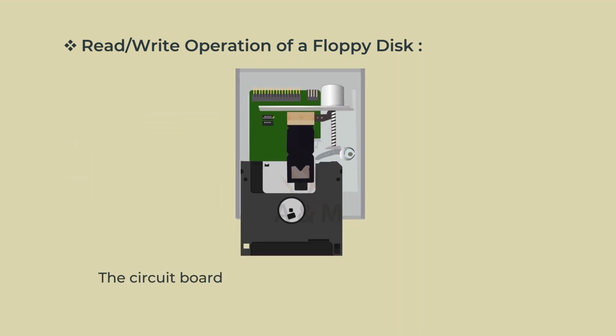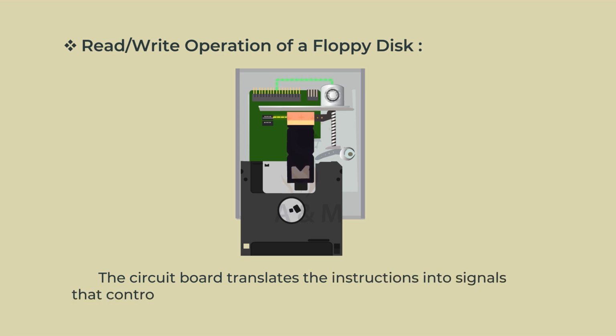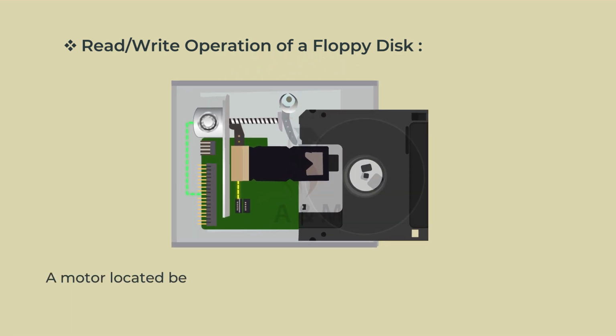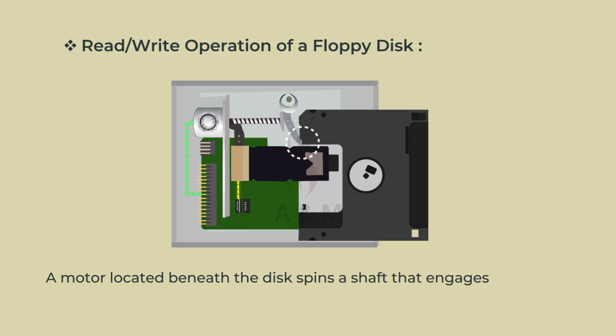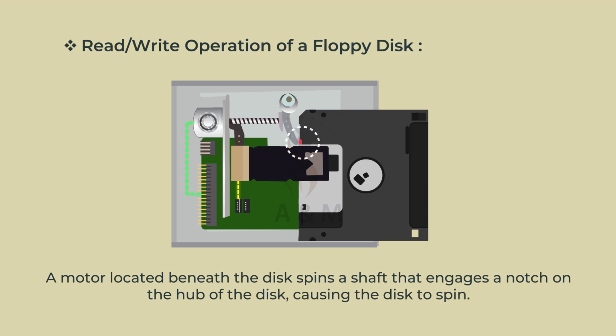The circuit board translates the instructions into signals that control the movement of the disk and the read or write heads. A motor located beneath the disk spins a shaft that engages a notch on the hub of the disk, causing the disk to spin.